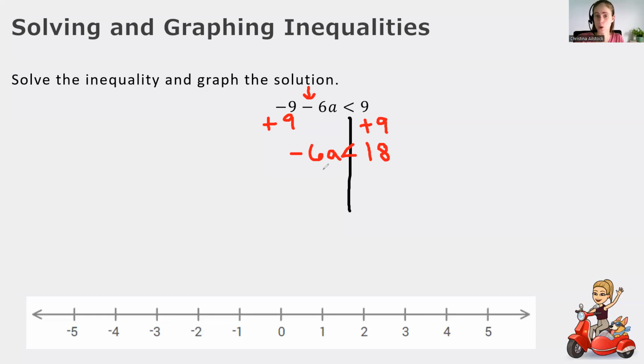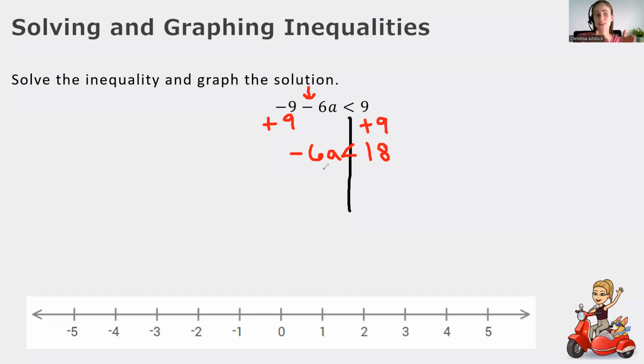All right, now what we have next is that -6 is being multiplied by A. Because multiplication is the operation that's occurring between the number and the variable, that's what we're going to do the inverse of.